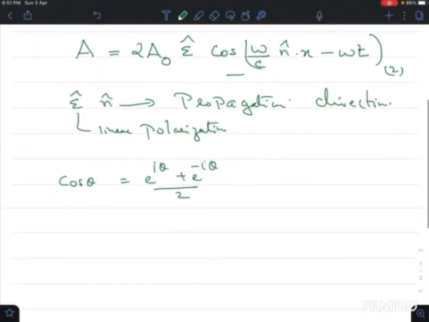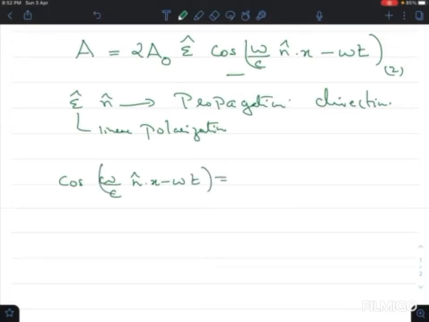So we can write cos of omega by c n dot x minus omega t as equal to 1 by 2 times e raised to i omega by c n dot x minus omega t, plus e raised to minus i omega by c n dot x minus omega t.